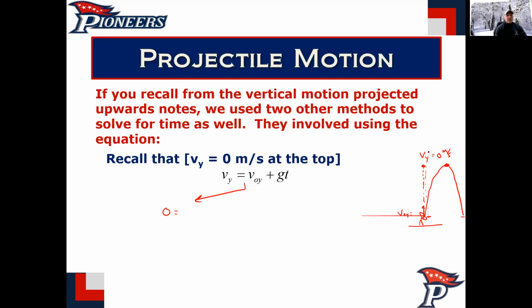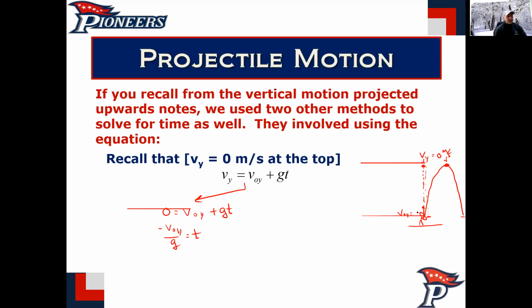Vx is not 0, but Vy is 0 at the top, because it's got to stop for that second to come back down. And so if I use this, subtract that over and divide by g, I get that for t.